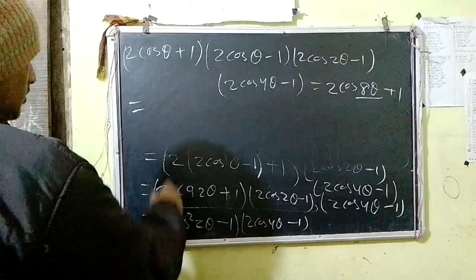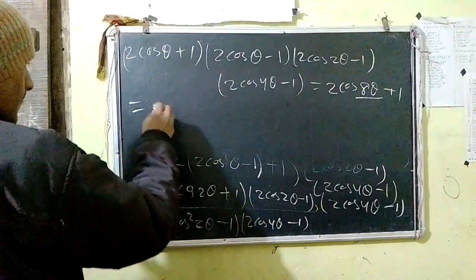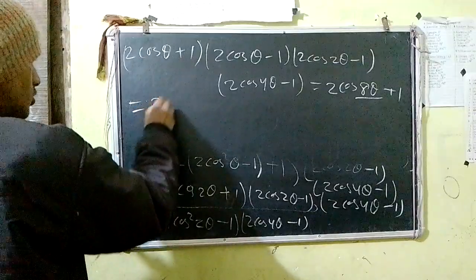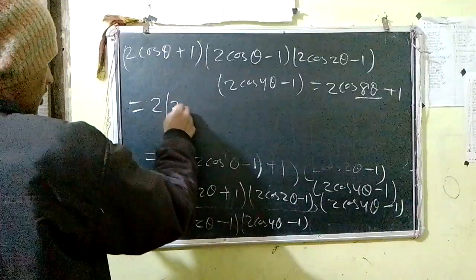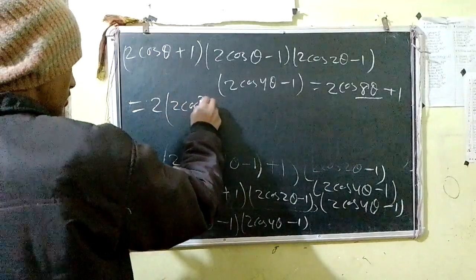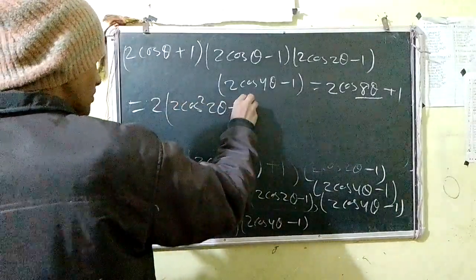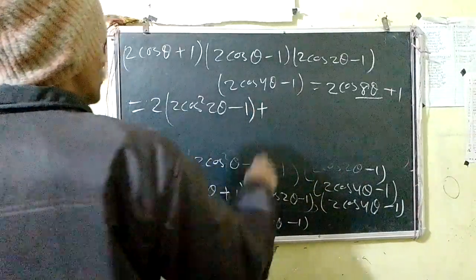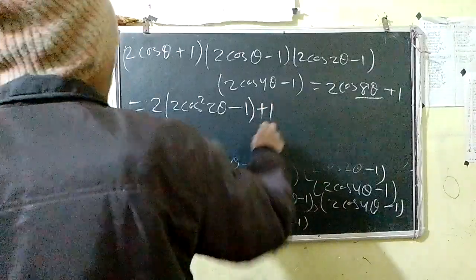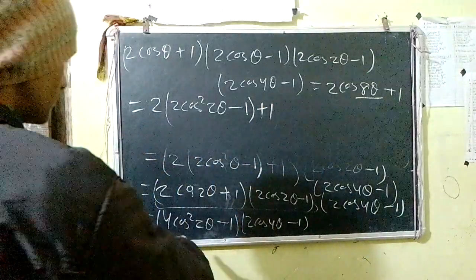What I'm going to do now is take 2 common again, so it looks familiar. If I have 2 common, I'm left with 2 cosine squared 2 theta, and then I'm going to forcefully subtract minus 1 instead of half. Since I have subtracted 1 more, I'm going to add 1 more over here.